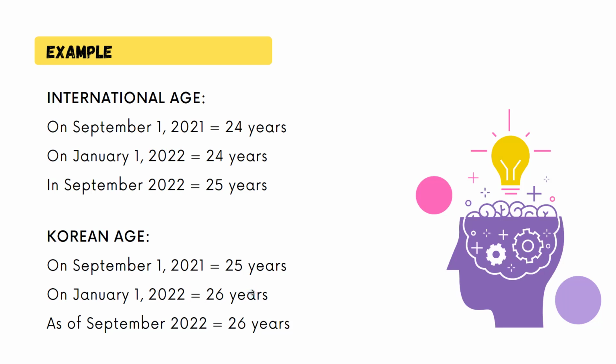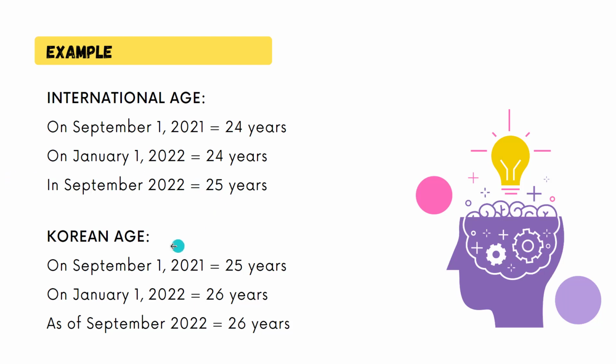This is a bit confusing for you guys, how they do this. We don't know exactly. It's their culture. They follow it. If you want to know more, you can just Google it and learn something new. I hope you understand this logic. You just have to calculate the Korean age when they're born and increment it every year on January 1. That's why they are 1 or 2 years older.